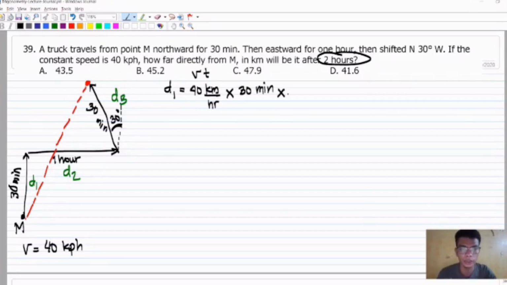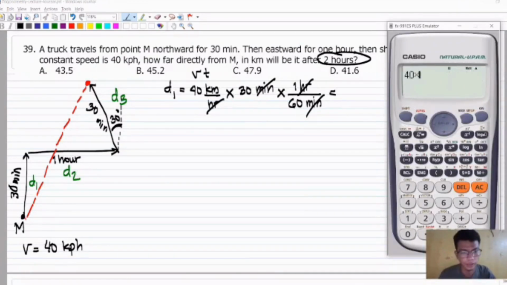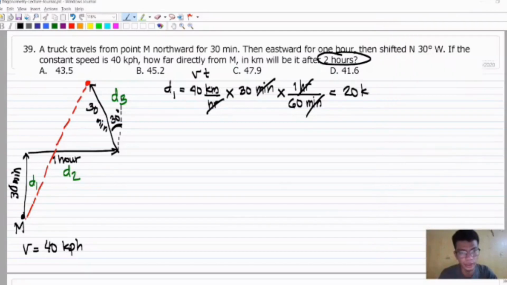Magkaiba pa ang unit of time, kaya magkaroon tayo ng conversion factor dito. 60 minutes, 1 hour. Cancel. And the answer will be 40 times 30 divided by 60. The answer is 20 kilometers. And this is also equal to D3. Diba? Dahil 30 minutes din naman yung travel ng ating D3.